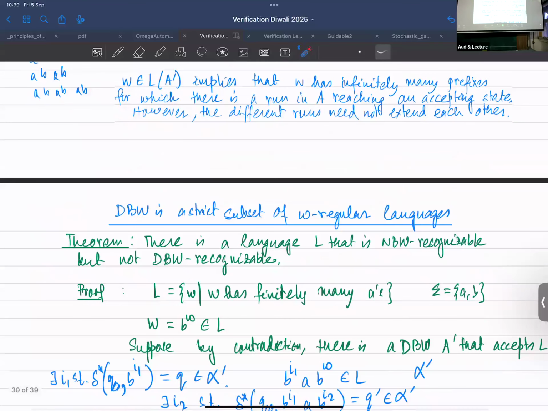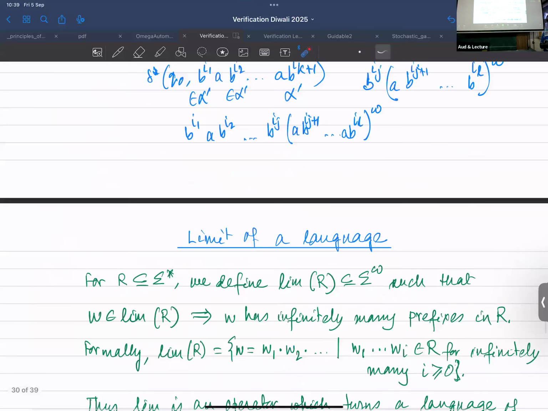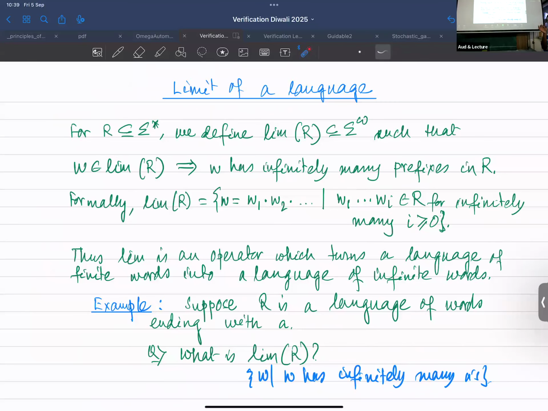So now, given the limit of a language, you have understood the definition. Can you think of a characterization in terms of the limit of a language and languages which are accepted by a DBW?